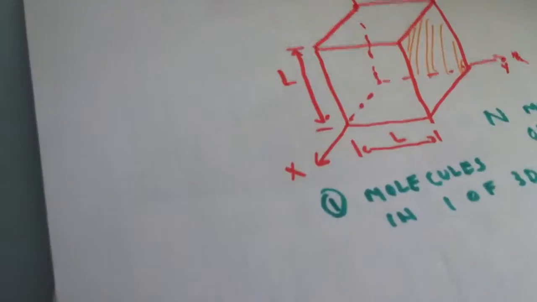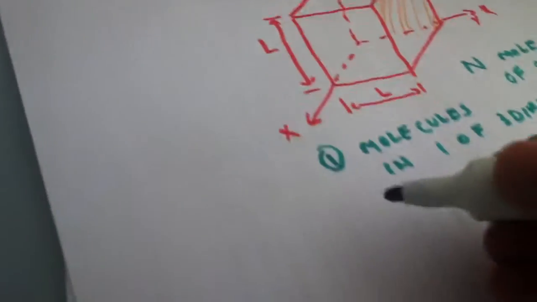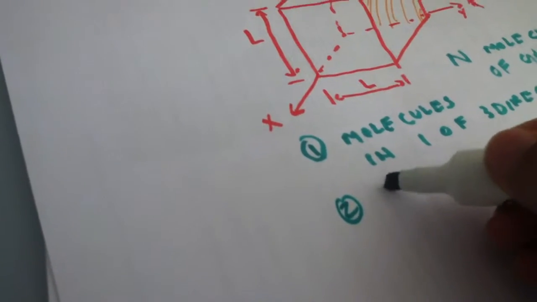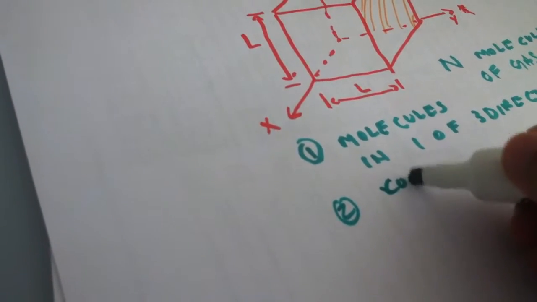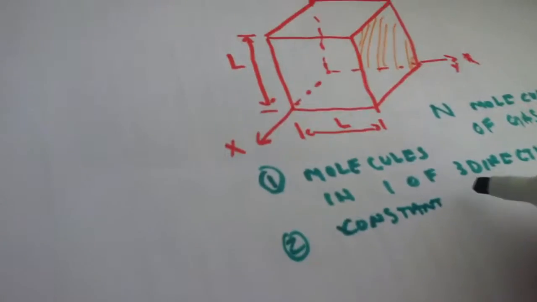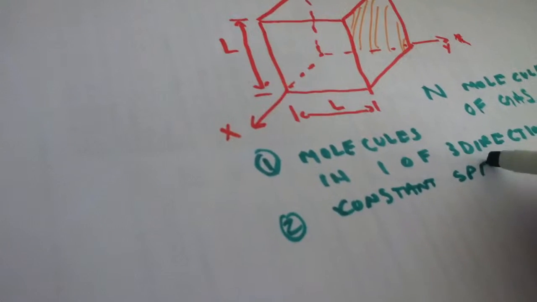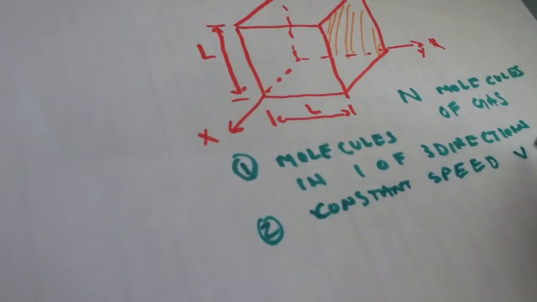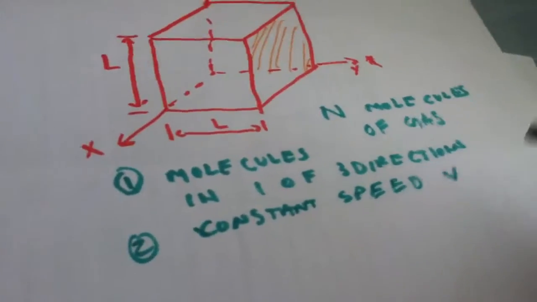And the second assumption that you can make is that all atoms and molecules have a constant speed of v. All atoms and molecules have the same speed of v units, which could be anything, meters per second, centimeters per second, any unit.